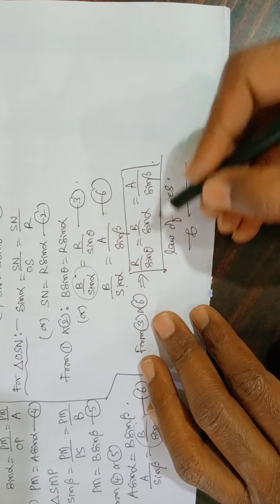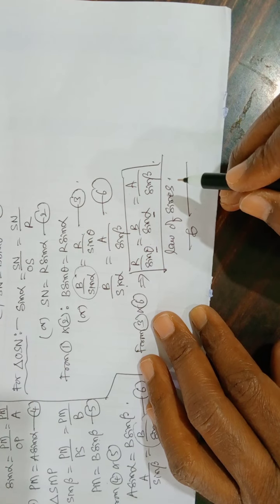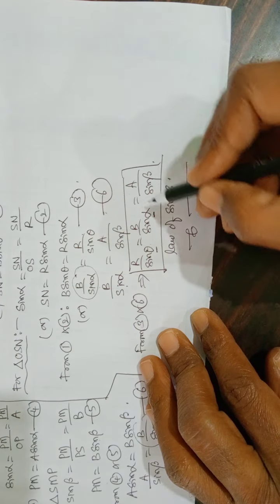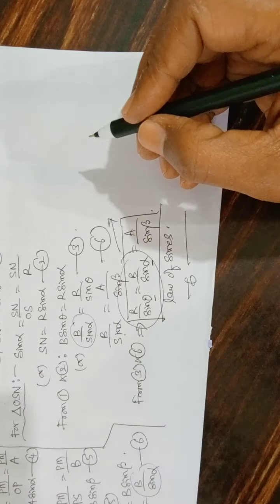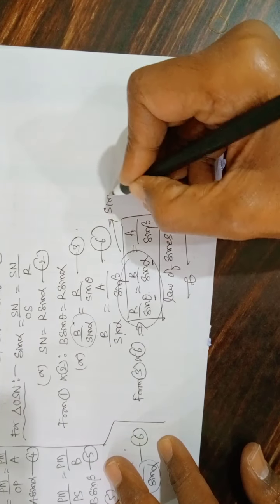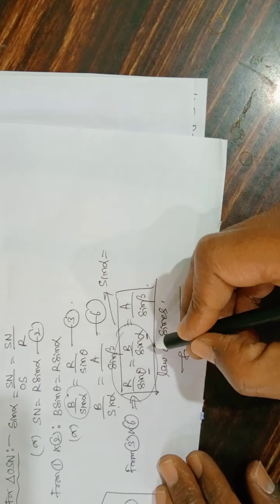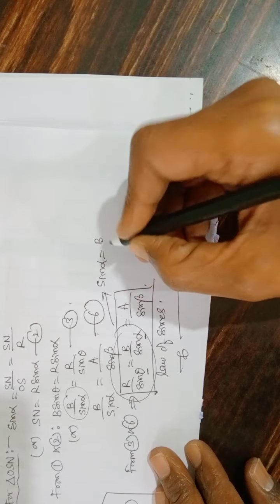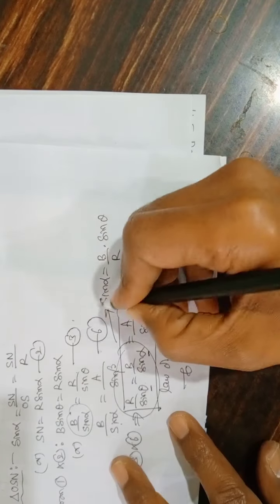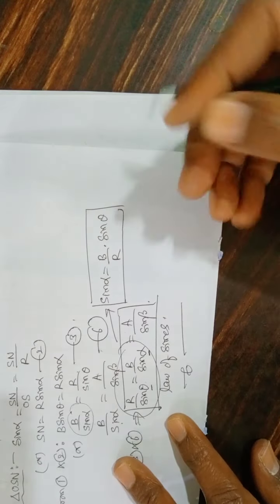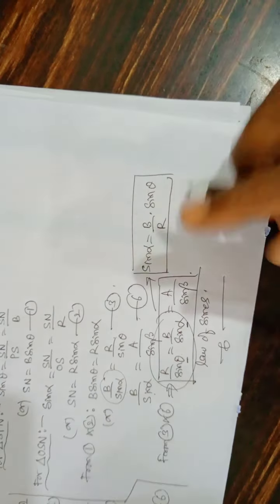See here, theta is known and you want an expression for alpha. Therefore, from these two, you can write sin alpha is equal to, taking sin alpha to the left side and these to the right-hand side, B sin theta by R. So making use of this expression, also we can find the direction.